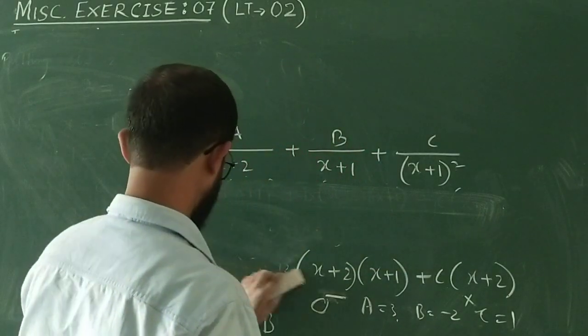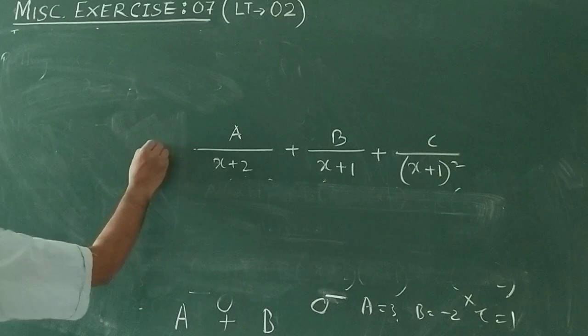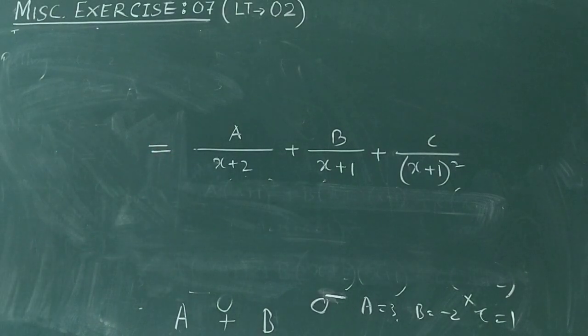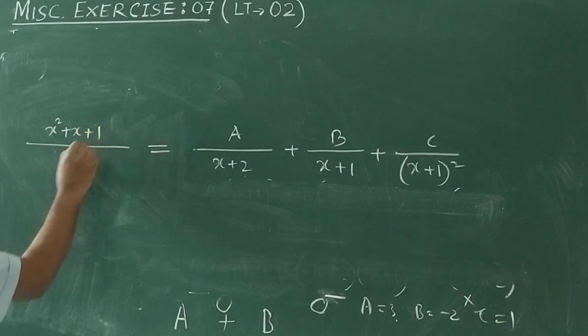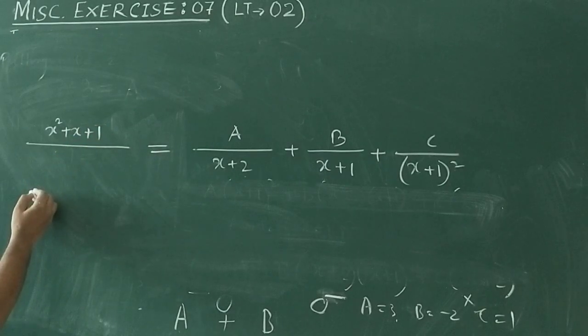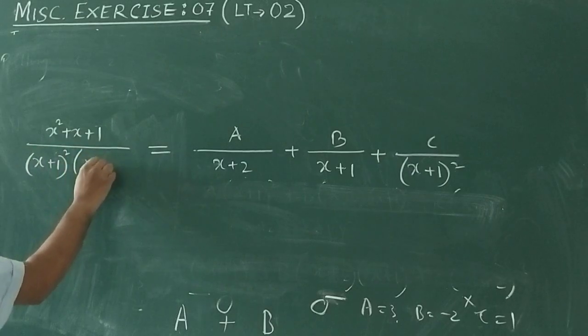So putting the value of A, B, C, therefore your expression, what was the expression? The integrand was x square plus x plus 1 over x plus 1 whole square into x plus 2.